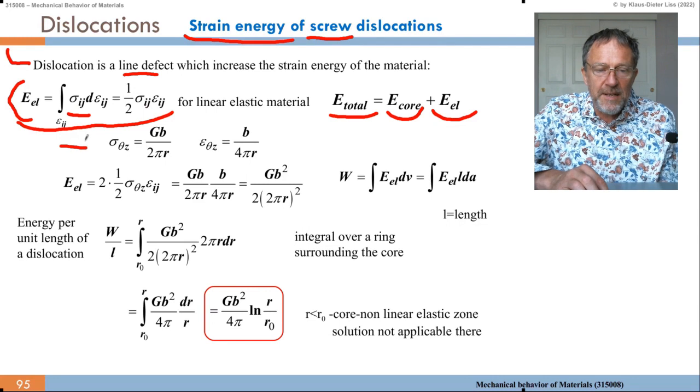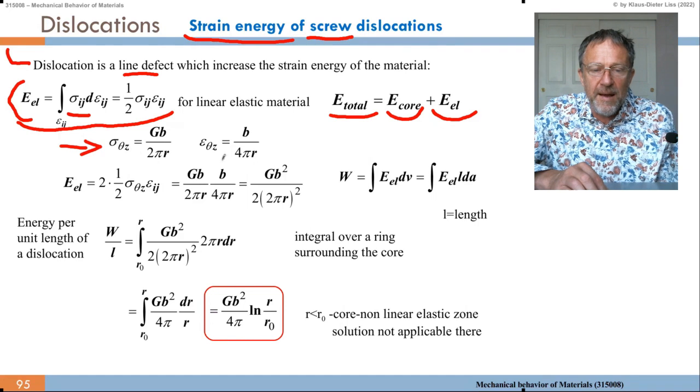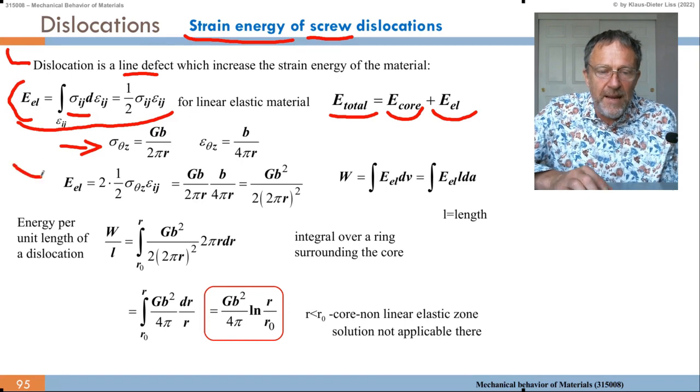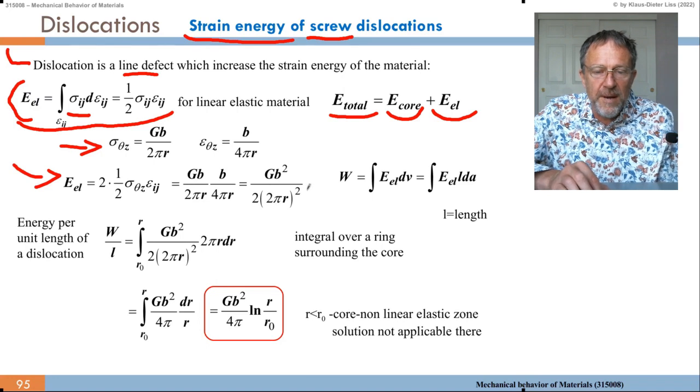So we have sigma theta z equals Gb over 2 pi r, and we have the strains b over 4 pi r. We have had that before. And then we get for the elastic energy this expression, Gb squared over 2 pi r squared.